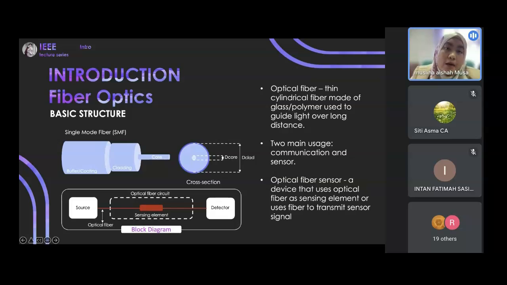The sensing element is our sensing head, and this part is very sensitive to the surroundings. The sensing element is the part that we design to be highly responsive to the target measurement parameters. The source is normally a laser source, and for the detector we use an interrogator and also an optical spectrum analyzer, OSA.